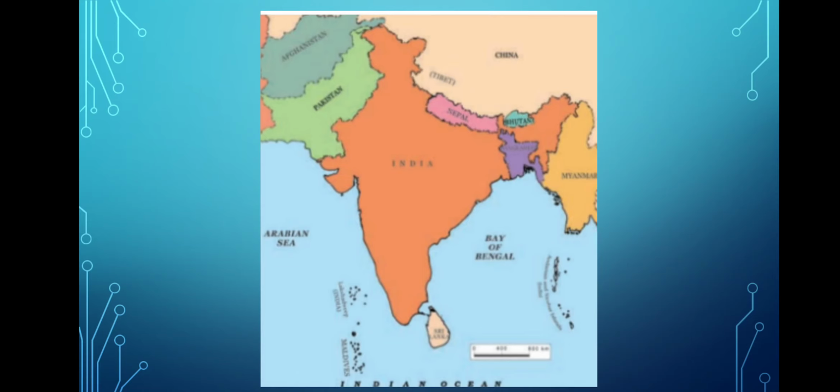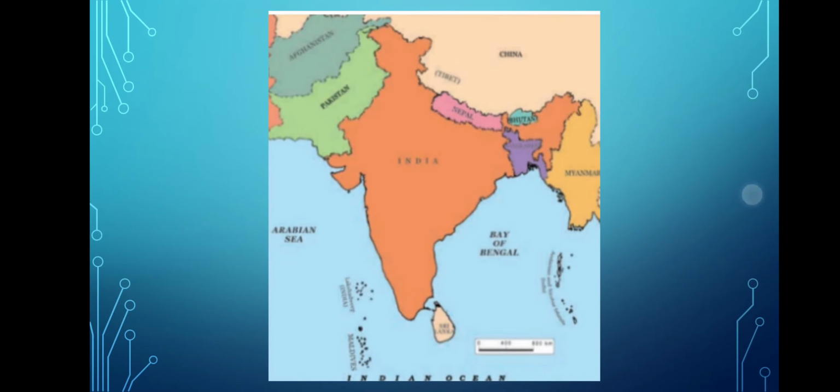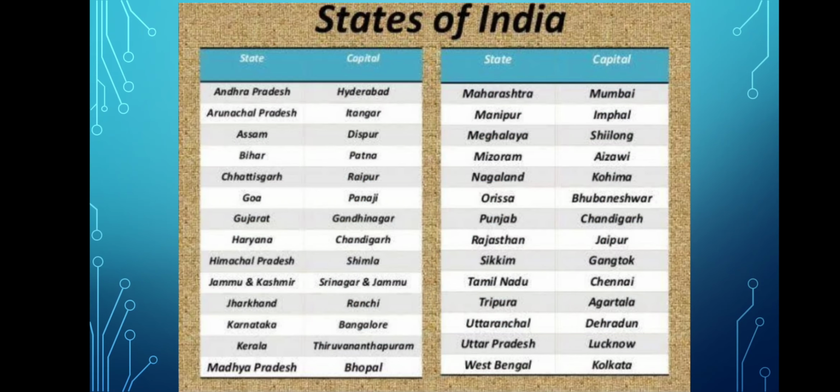In our next slide we can see the names of the states and their capitals. You know that India at present has 28 states and 9 union territories.